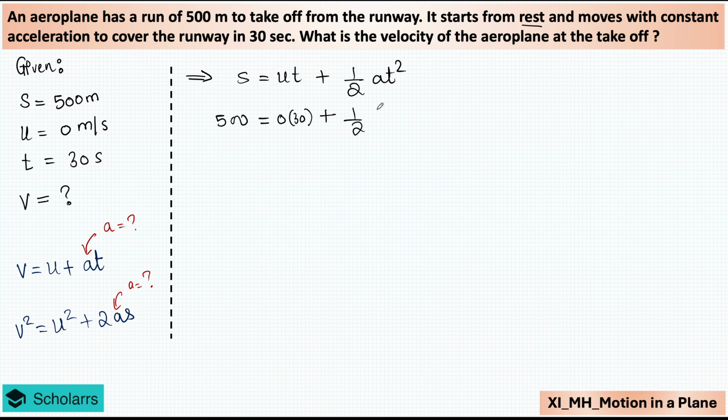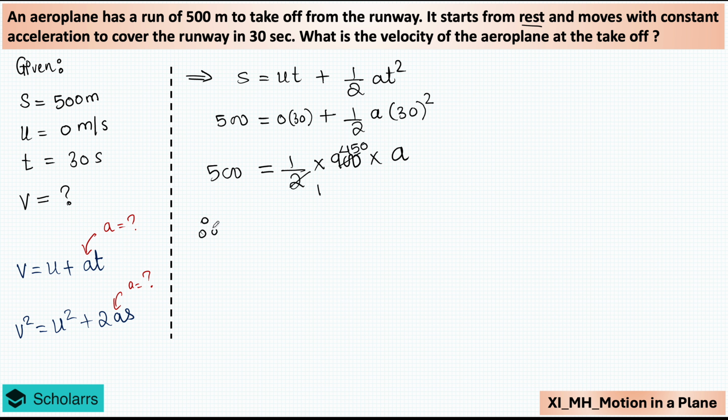Again we have half a, and what is the time period? It is nothing but 30 bracket raised to whole square. So 500 as it is. This is 0, you can eliminate that term. Half of 30 square is nothing but 900 multiplied by a. You can simplify this, and this would be 450a.